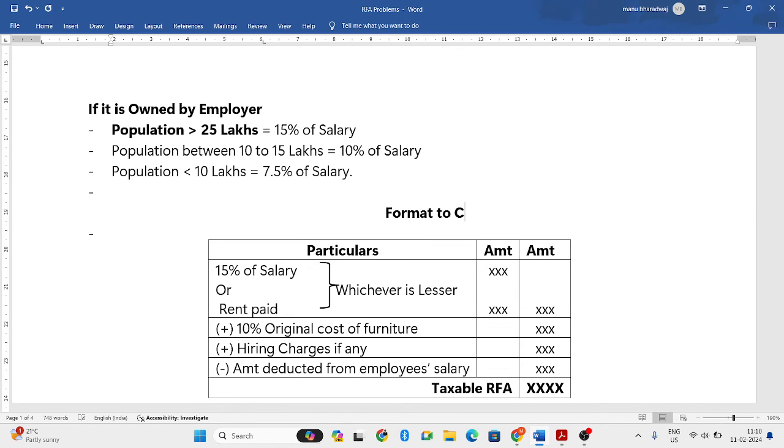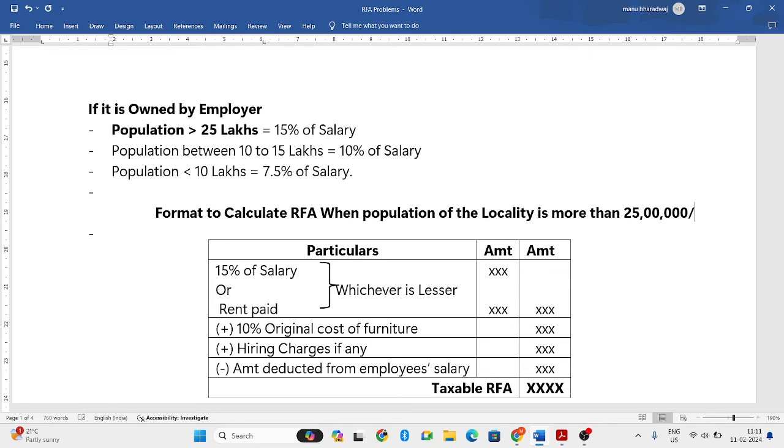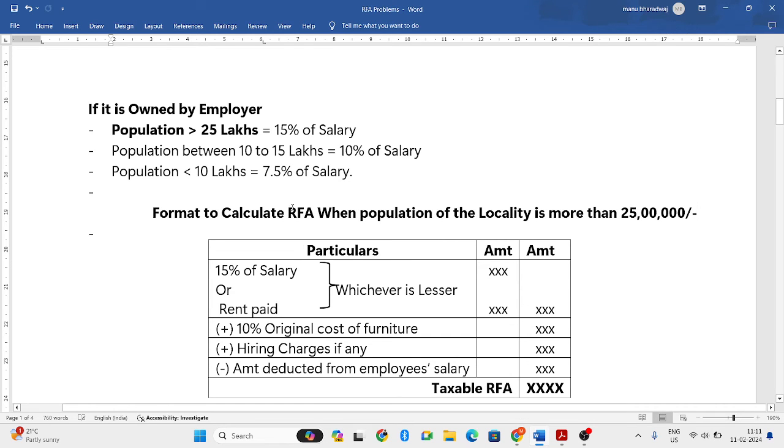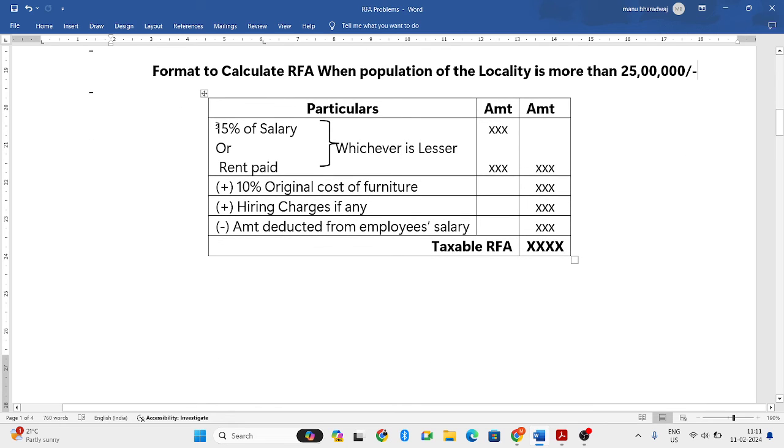Format to calculate RFA, rent-free accommodation, when the population of the locality is more than 25 lakhs. Usually they will give where the population is more than 25 lakhs. So first we will compare 15% of salary or the actual rent paid.